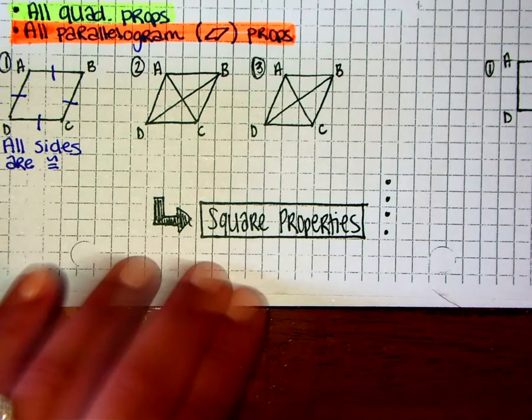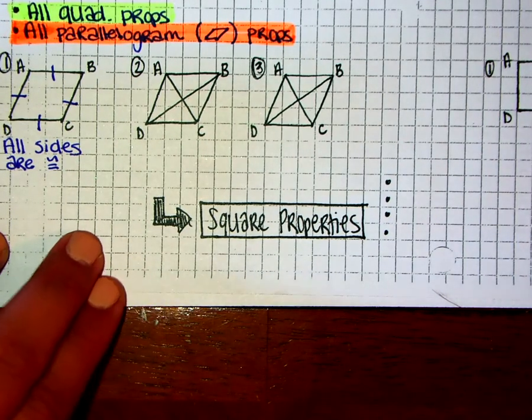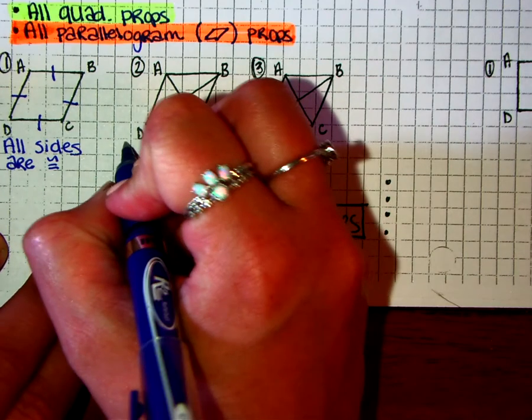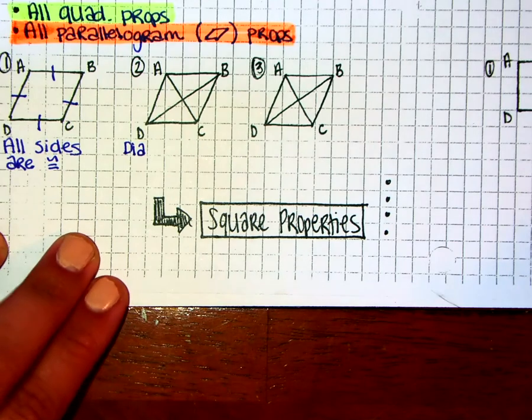All right, the next property is that the diagonals are perpendicular.